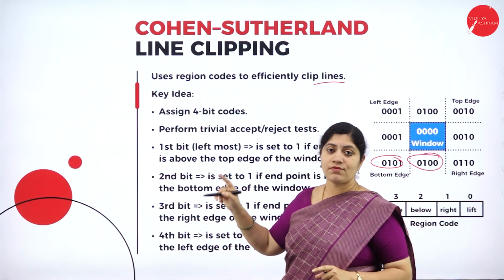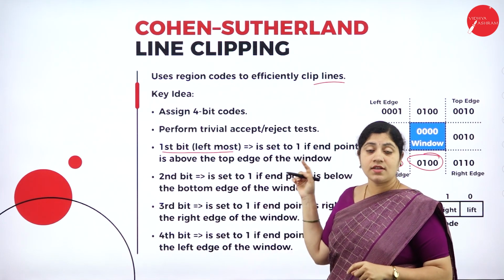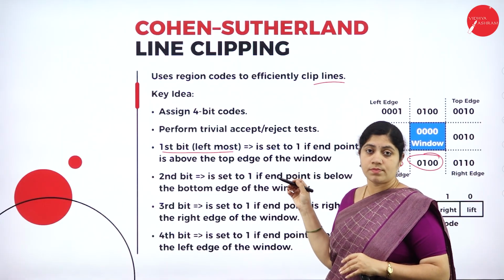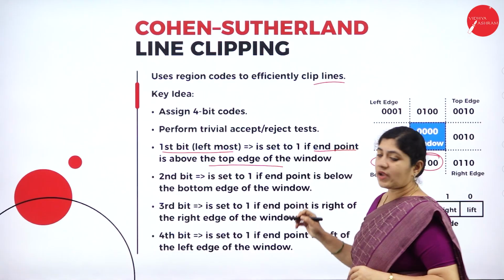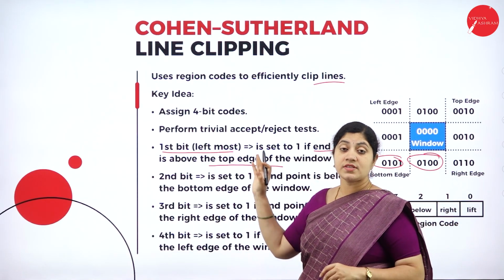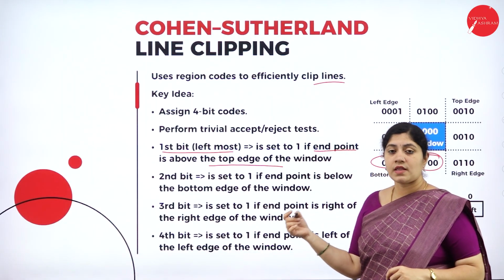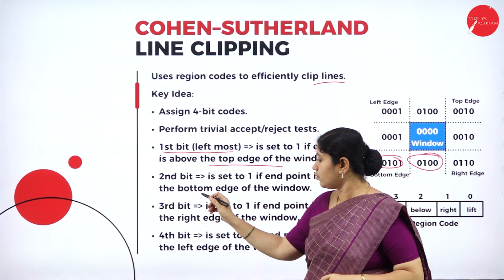If our leftmost bit is high, or 1, it means that the endpoint is above the top edge of the window. Next, from the left, if the second bit is set to high, then the endpoint is below the bottom edge of the window.